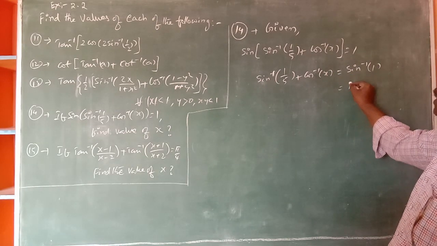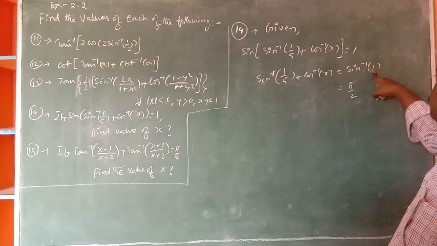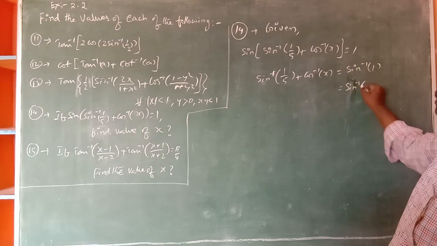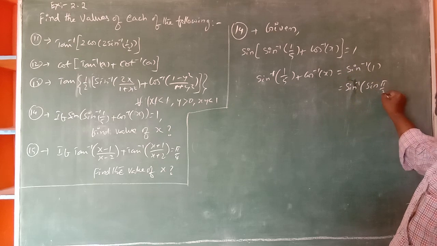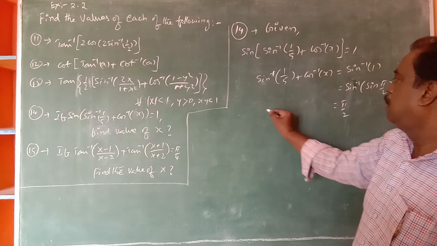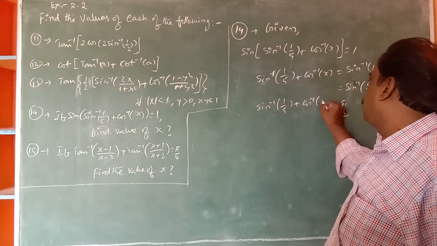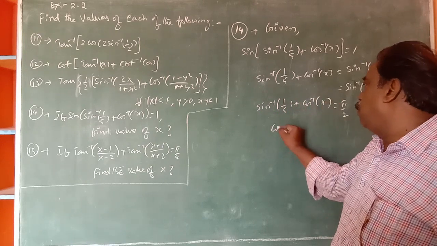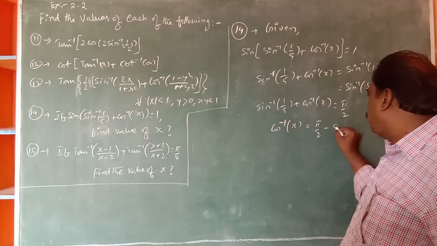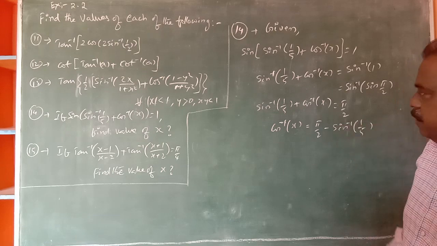This is nothing but pi by 2. Right? Sine inverse of 1 means, or otherwise you write like this, it is sine inverse of sine pi by 2. So it is pi by 2. Now, cos inverse x is equal to pi by 2 minus sine inverse 1 by 5.